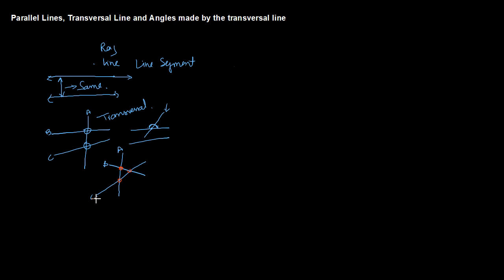If I take C as the transversal line, C is intersecting here and here. So it depends on exactly how you look at it. Anything can be transversal here, in this scenario at least.